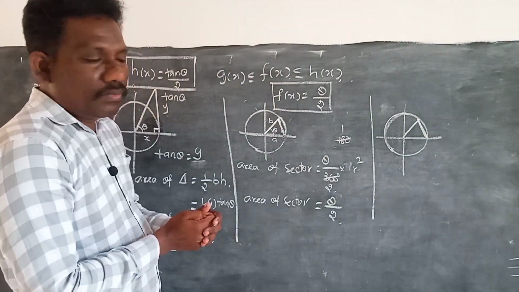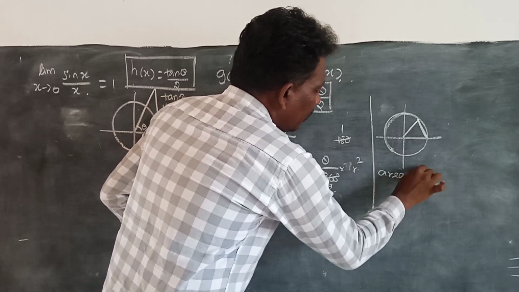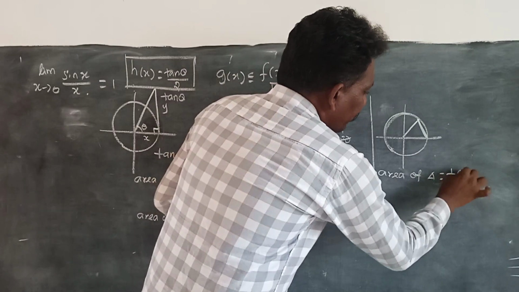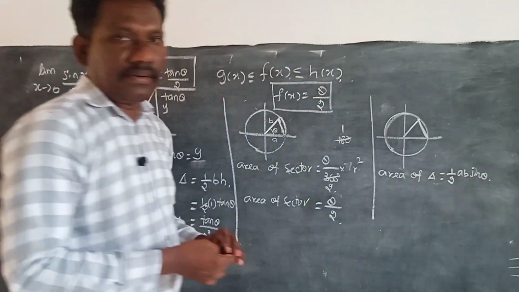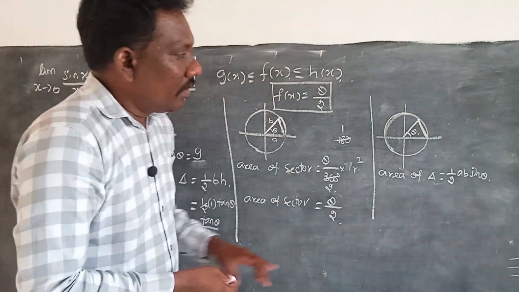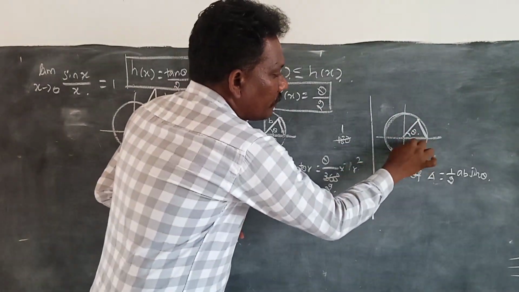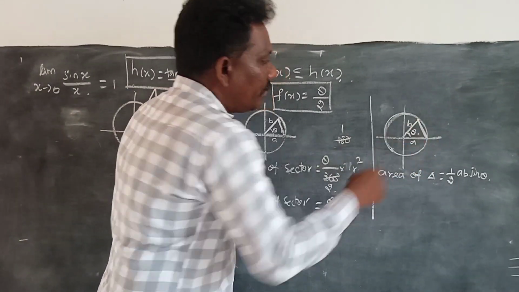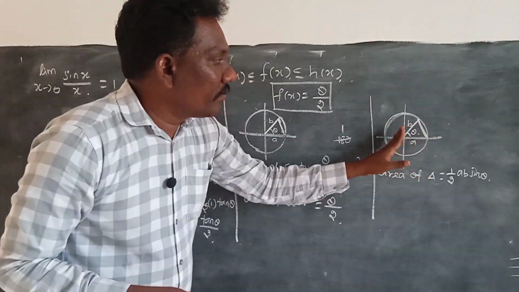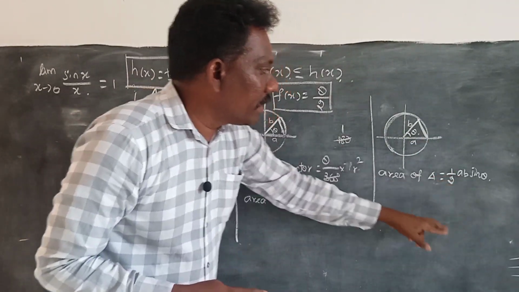So I need to know what is the area of an isosceles triangle. For the area of a triangle, I am going to use this formula, because this is an included angle with two of its sides. If one of its sides is A and the other side is B, then the formula is 1 by 2 AB sin theta.